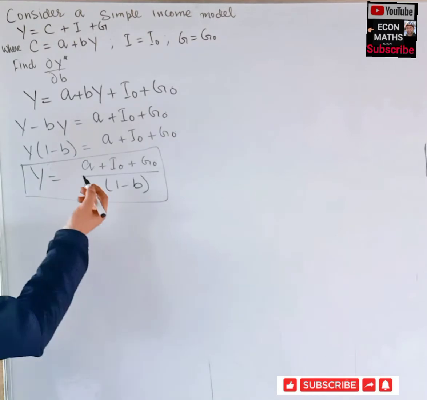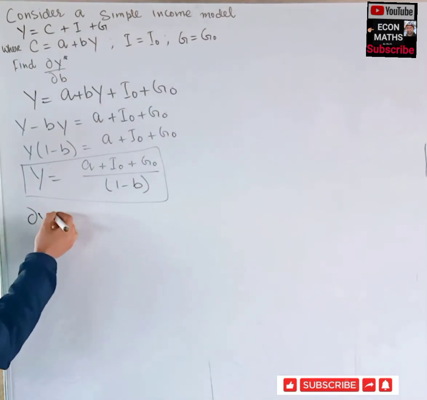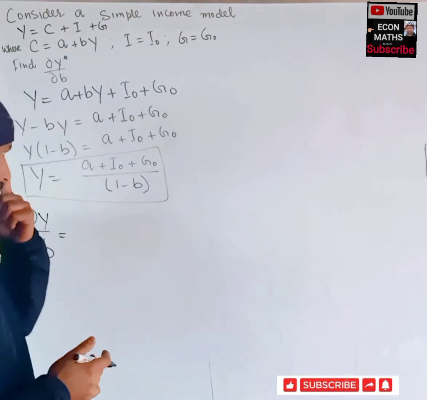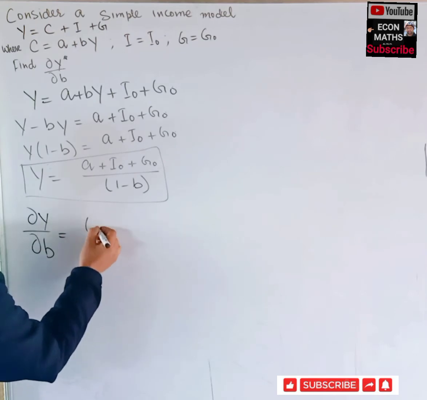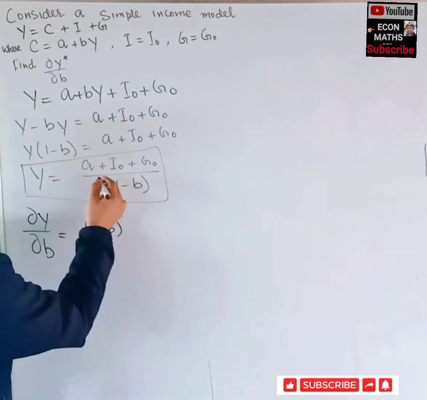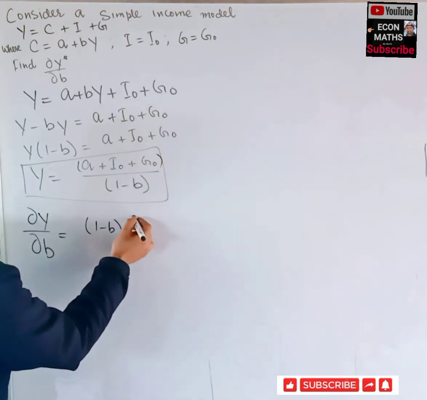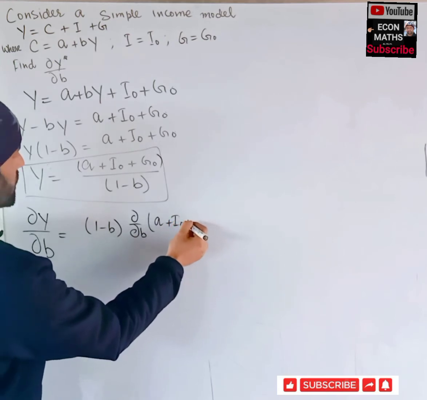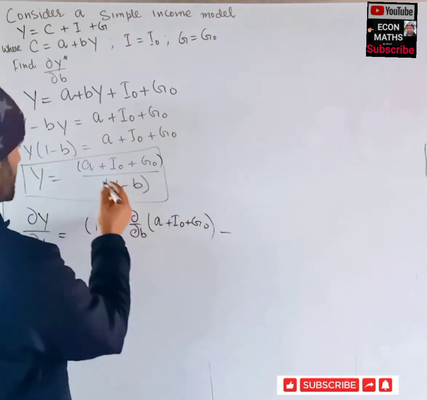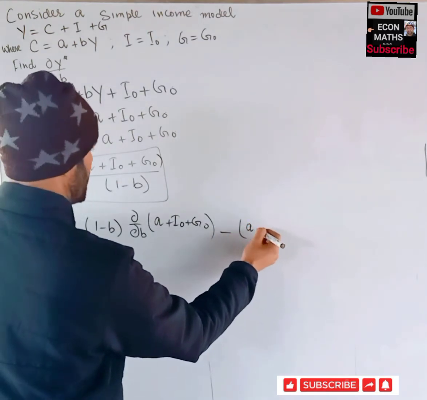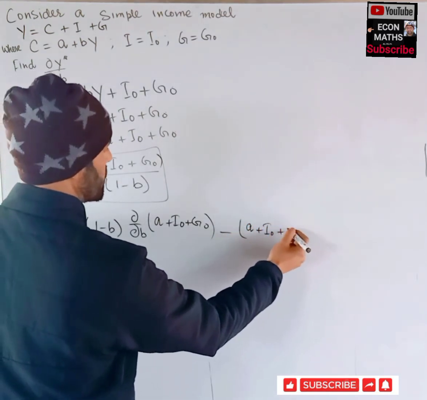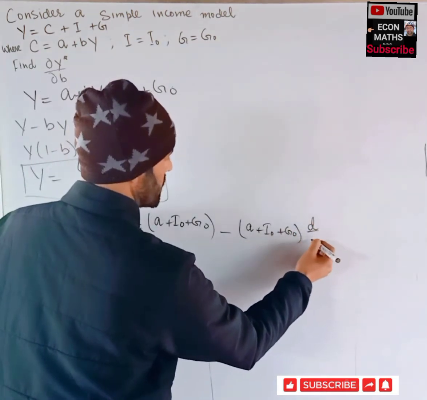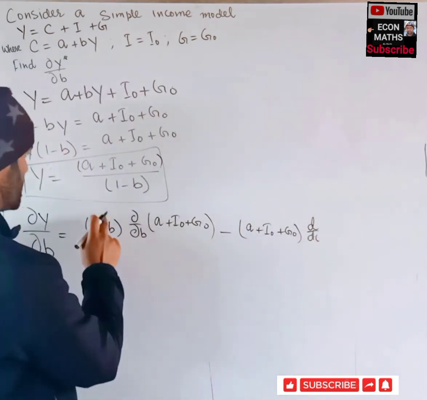So that says dy by db is equal to, what we do in the quotient rule, first we write the denominator, that is 1 minus b, then take the derivative of a plus I naught plus G naught, minus a plus I naught plus G naught, and differentiate this 1 minus b with respect to b.